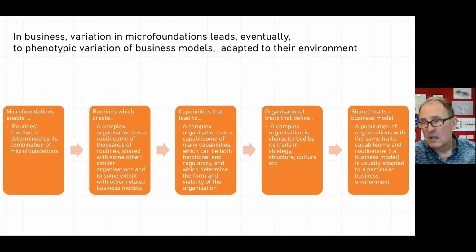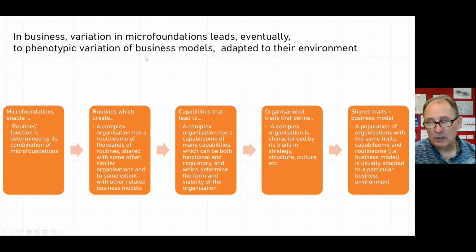Okay? And some of those routines are shared with other species of organization, other business models. Some are unique to a business model. And my work suggests that those routines are underpinned by and the result of the microfoundations. And I'll talk a little bit about those in a second.